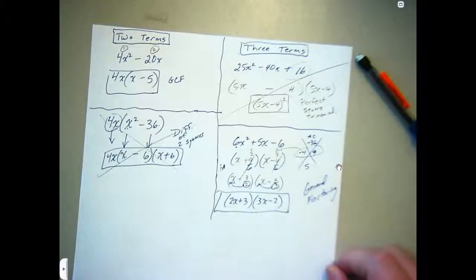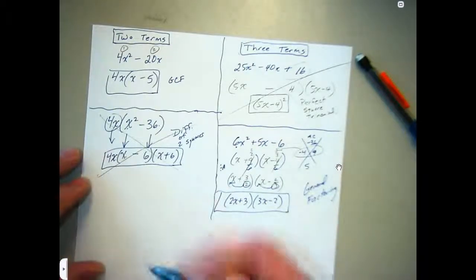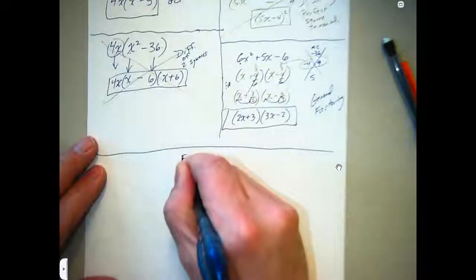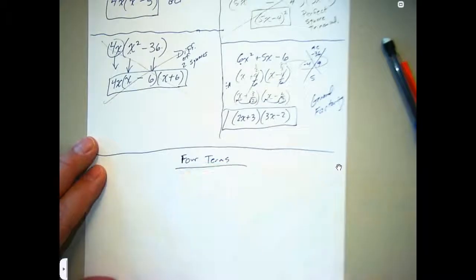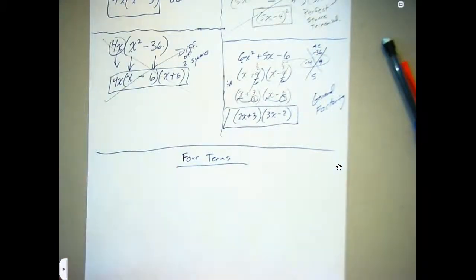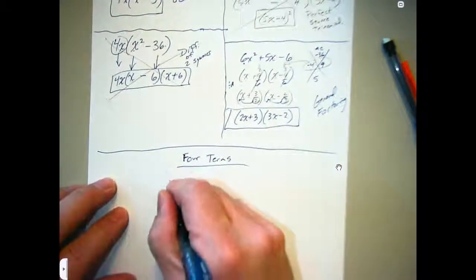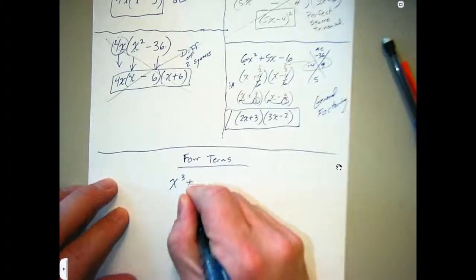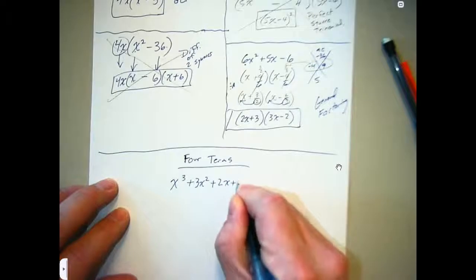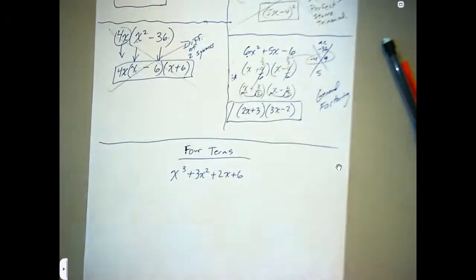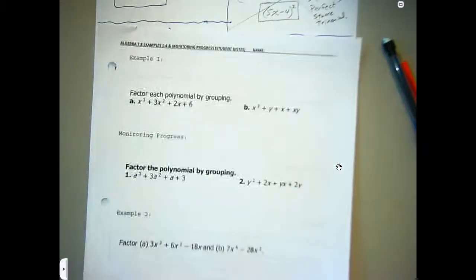All right, the final one that we're going to talk about is if there are 4 terms. So for instance, that's the first problem, by the way, on the sheet I gave you today. It's right here.